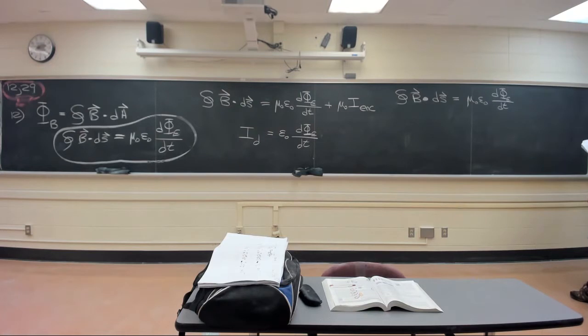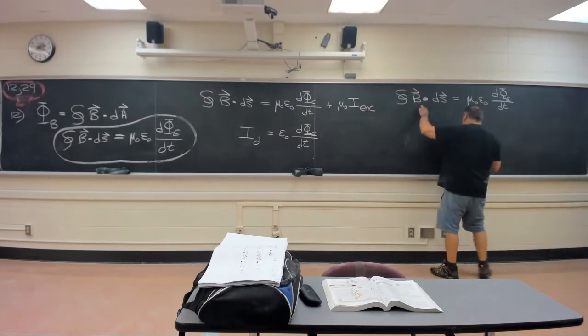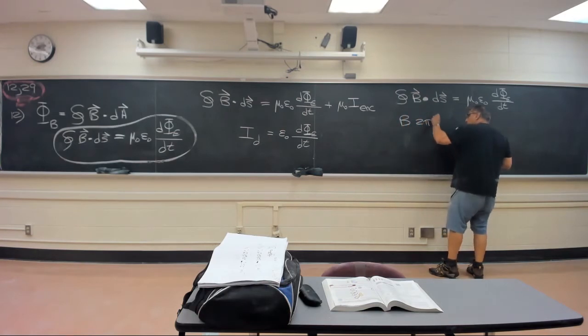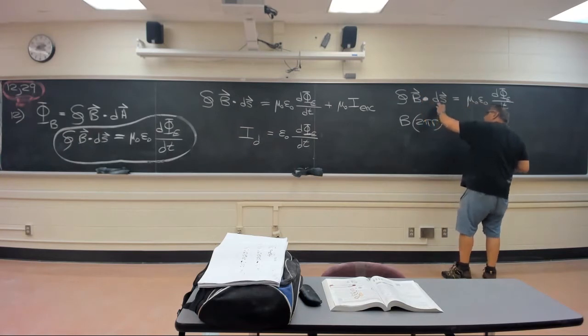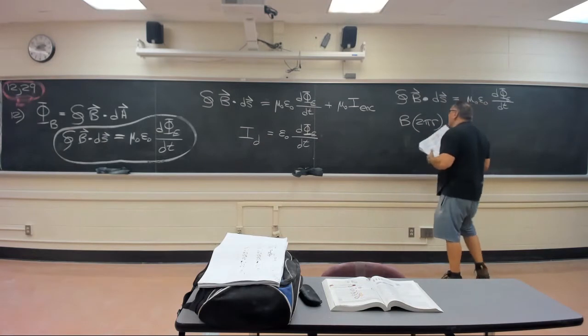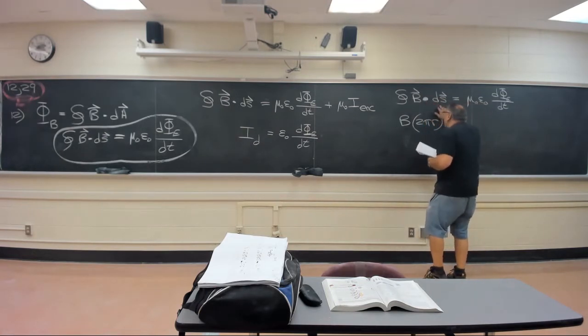This right here, there's a number of ways we can write it. As this is going, that's B 2 pi r, as the dot product goes, and this is just all the way circling. The B vector is going to be a constant. If it's a constant, this whole thing is going to be a scalar.